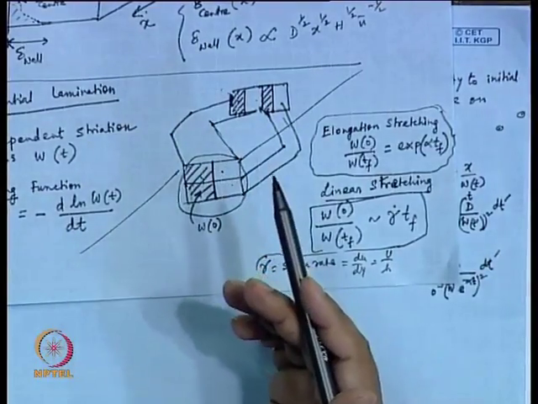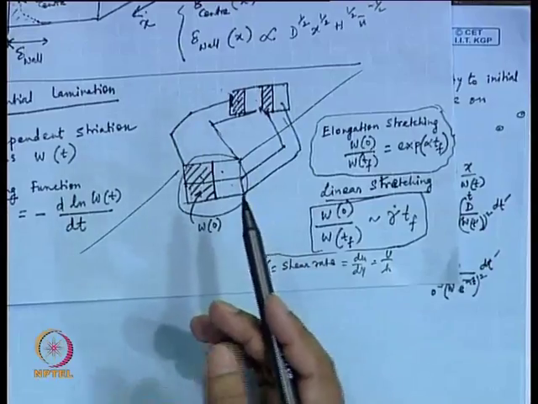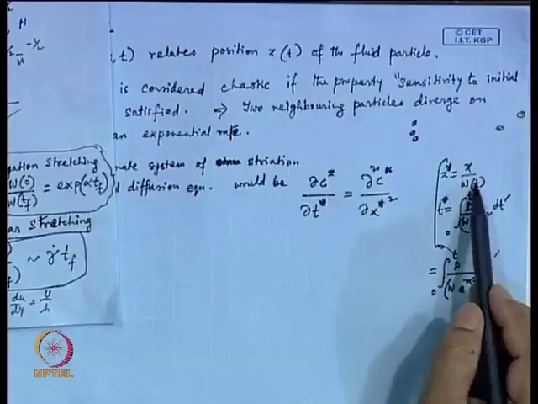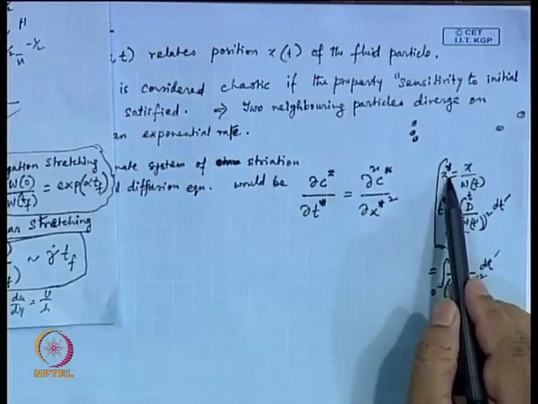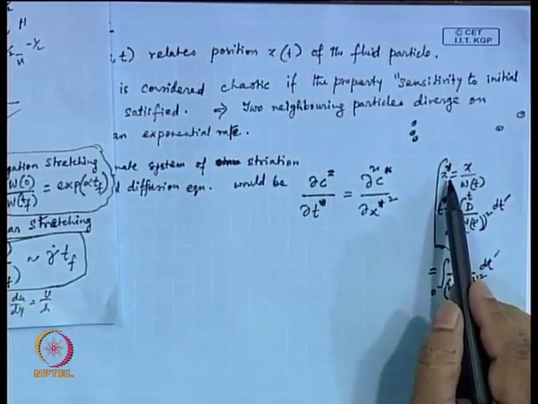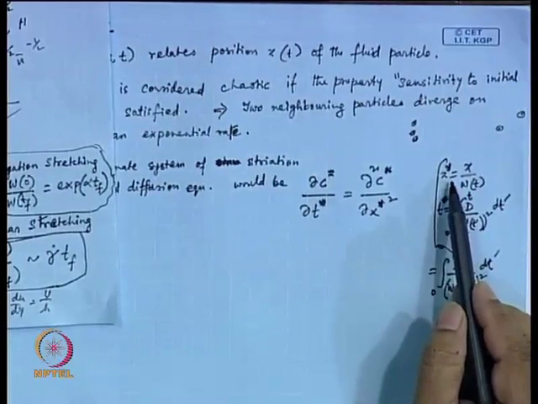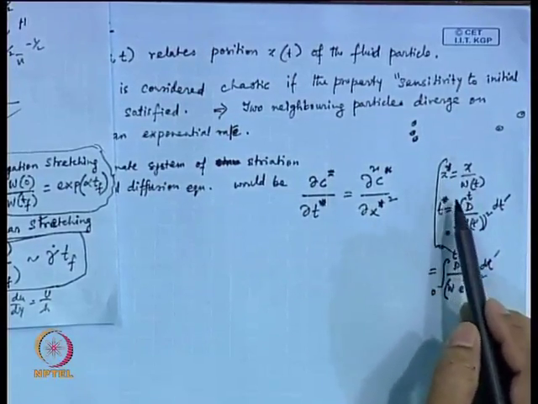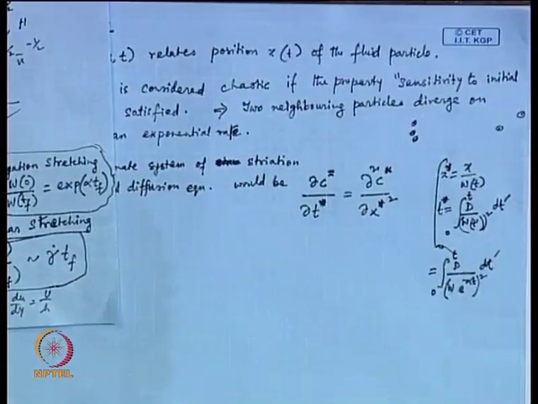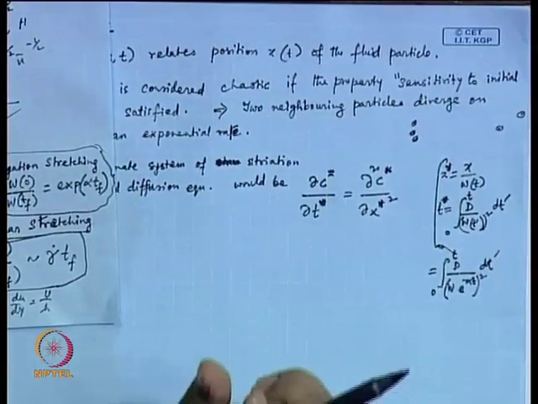At some arbitrary time it would be W t, and using that W t I am defining the x star. So, this x star is the local coordinate system within that striation. I am treating that as a Lagrangian particle as it travels. So, x star is x by W t.